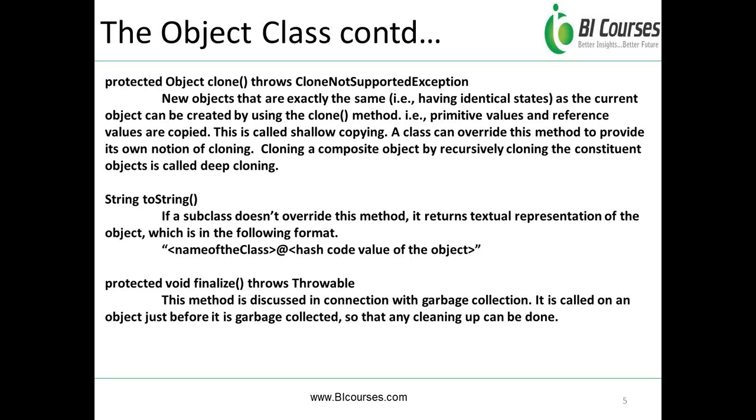Suppose I have class A, with an int A, a float B, and a method sum of int A and int B. When we clone that particular A object, we will have the same properties and behavior in the copied object as well. A class can override this method to provide its own notion of cloning. Cloning a composite object by recursively cloning the constituent objects is called deep cloning.